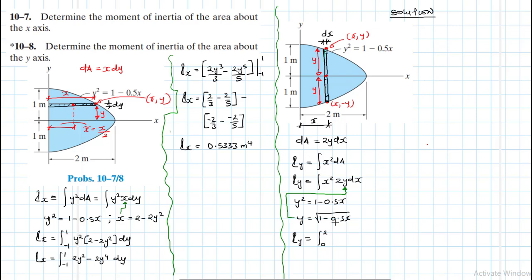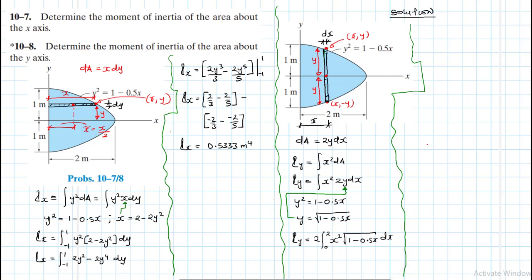There is a 2 there, so let's factor out the 2. Let me write this neatly. So this is equal to 2 times the integral from 0 to 2 of x squared times the root of 1 minus 0.5x dx. Great. So there we are.